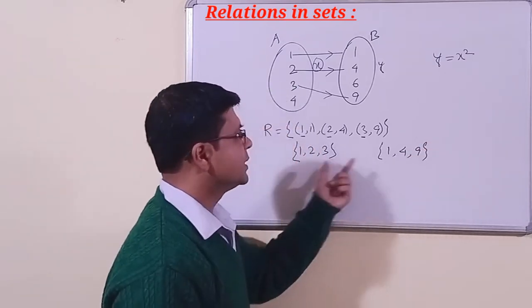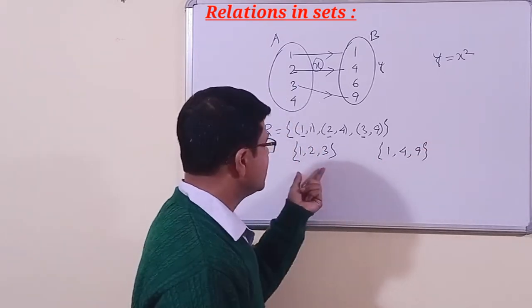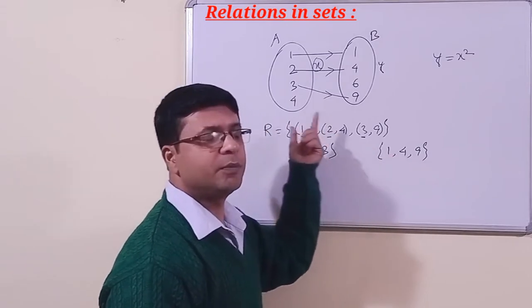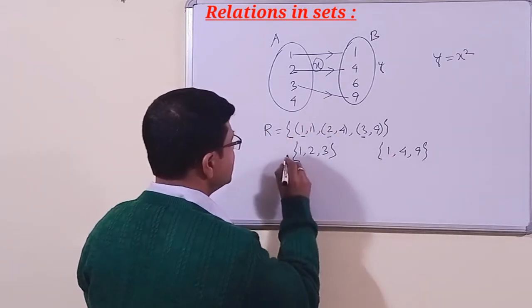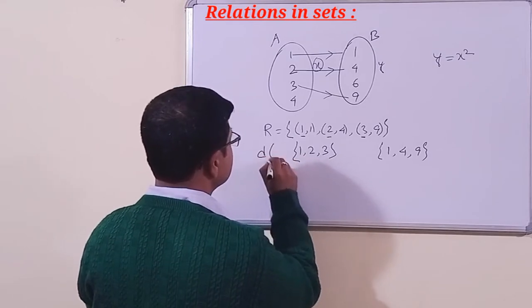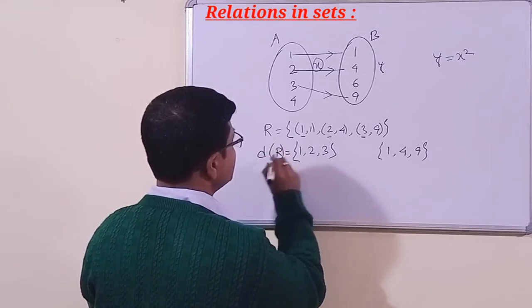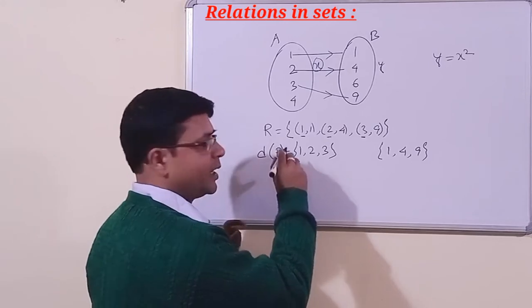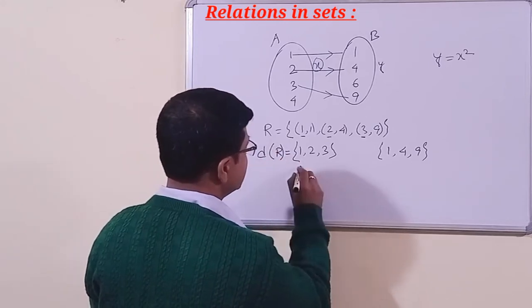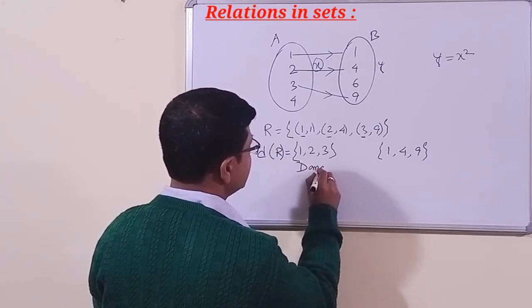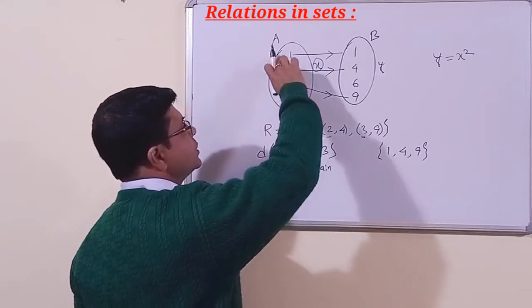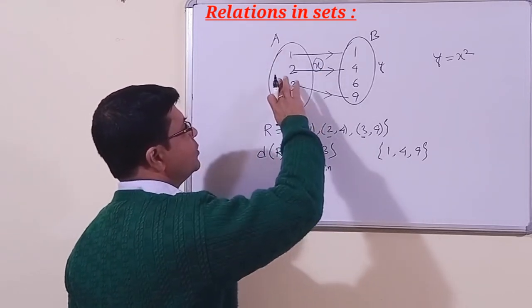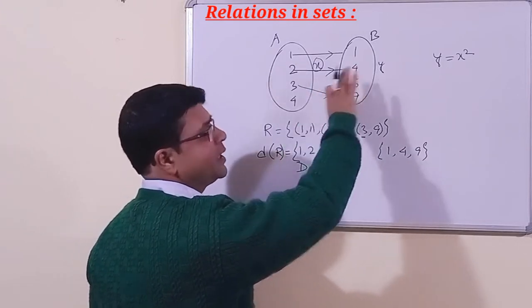Now we have given particular names to the first components and the second components of this relation. The name is domain. We represent it as D within brackets R, that is the domain of the relation. Not all elements are in the domain, only those elements which are related.